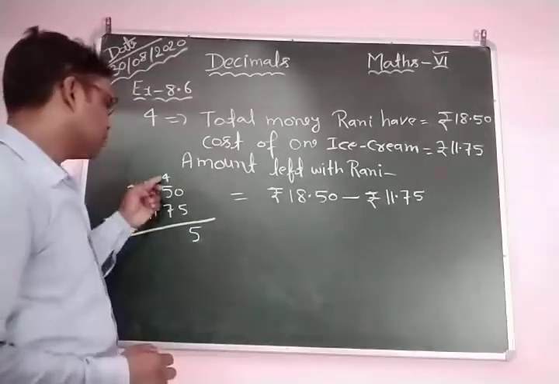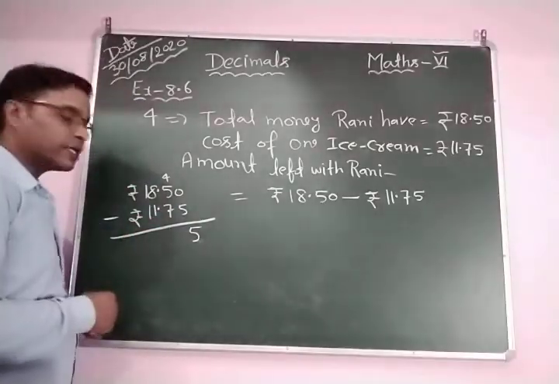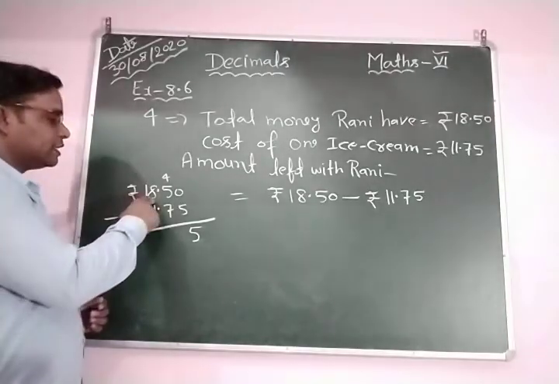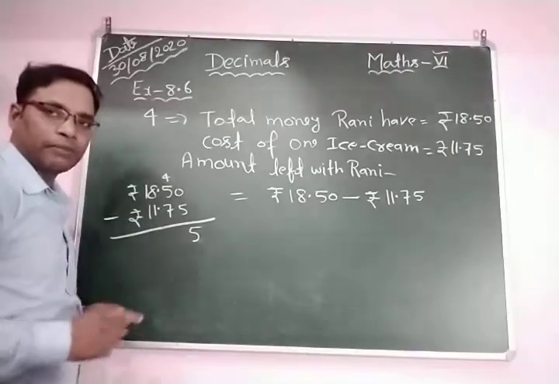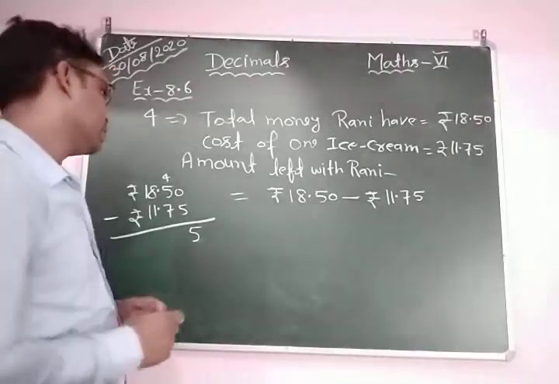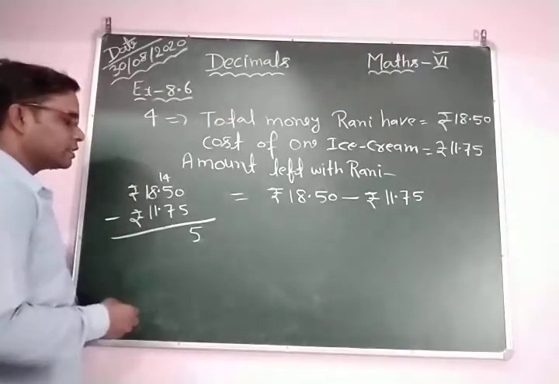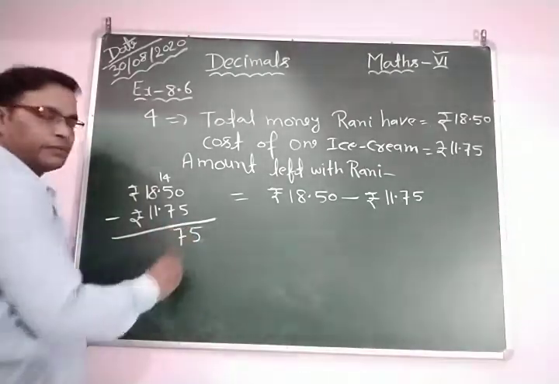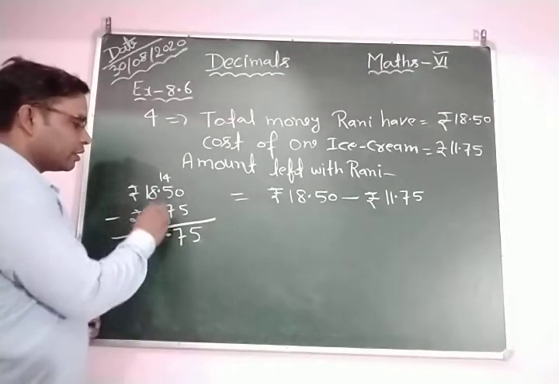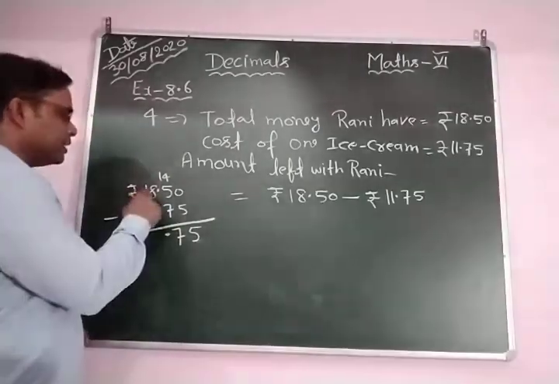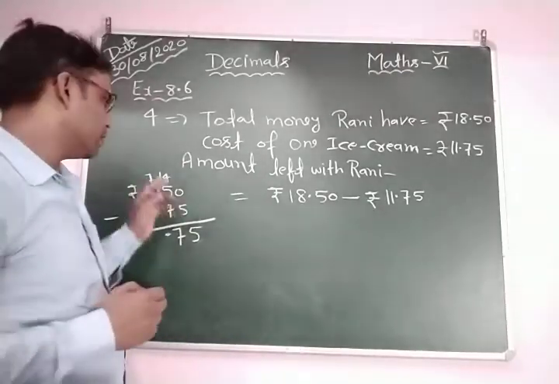Now 4 minus 7 is not possible, so we take one carry from the next digit, 8, in the ones place. If we take one carry from this 8, the 4 becomes 14, and 14 minus 7 is equal to 7. After this we put the decimal point below the decimals, and this 8 becomes 7 because it gave one carry to this 4.